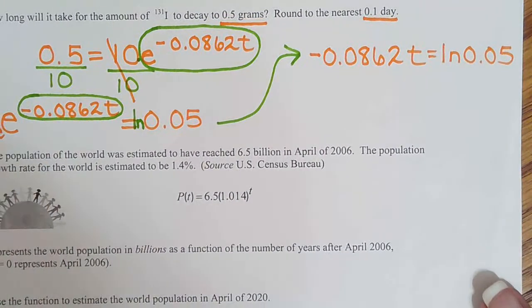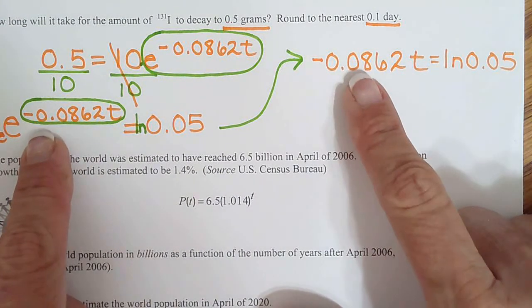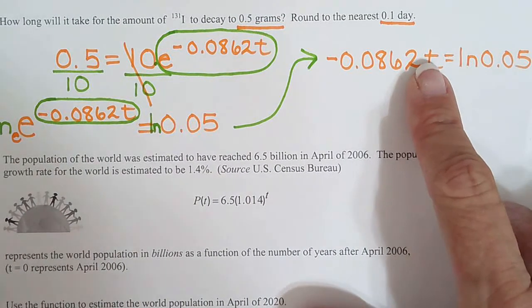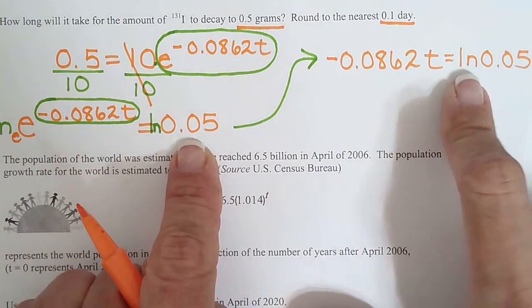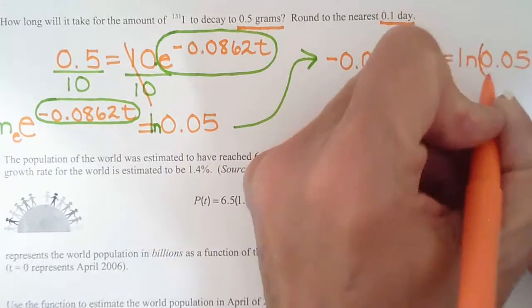Off the page. Okay, so this was gone because they undo each other. So this comes down using the power rule, and I get negative 0.0862 equals whatever's left on the other side, which is natural log of 0.05.